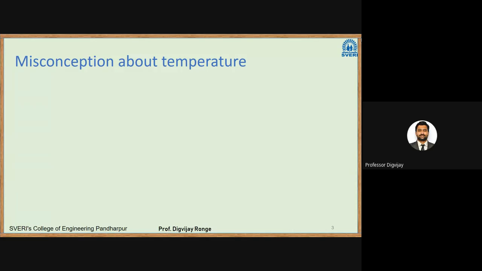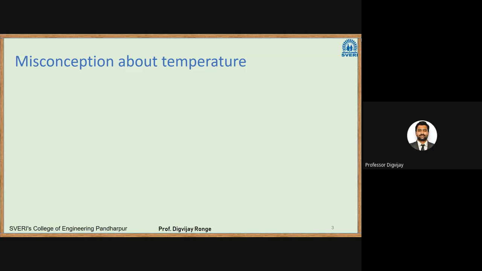Those who are doing that right now can relate to this. If I ask which one has a higher temperature, you will say, sir, the book is at higher temperature because it feels warm to you, and the metallic object is at lower temperature because it feels cool or cold to you.